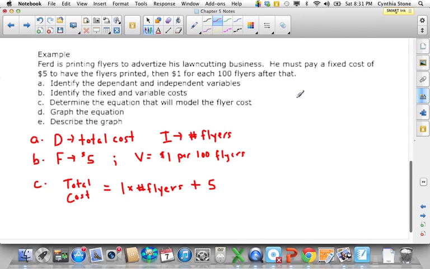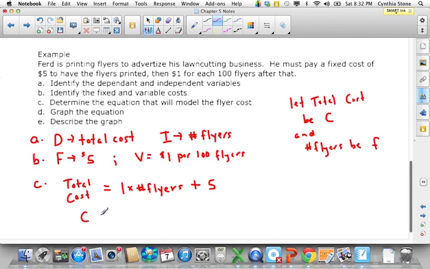Now if over here we just say let total cost be C and number of flyers be F, then our equation would look like this.